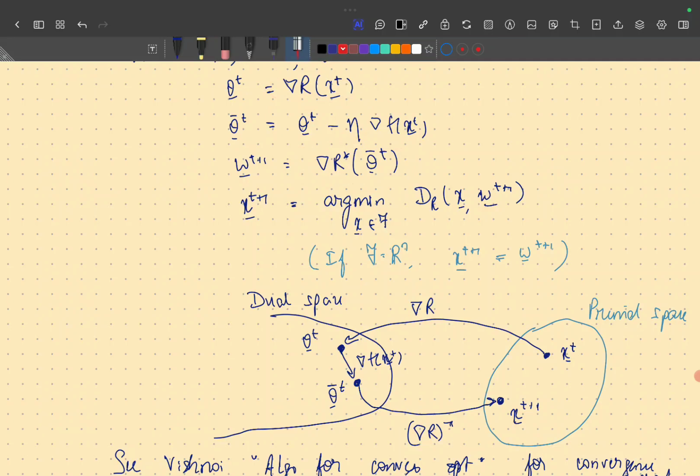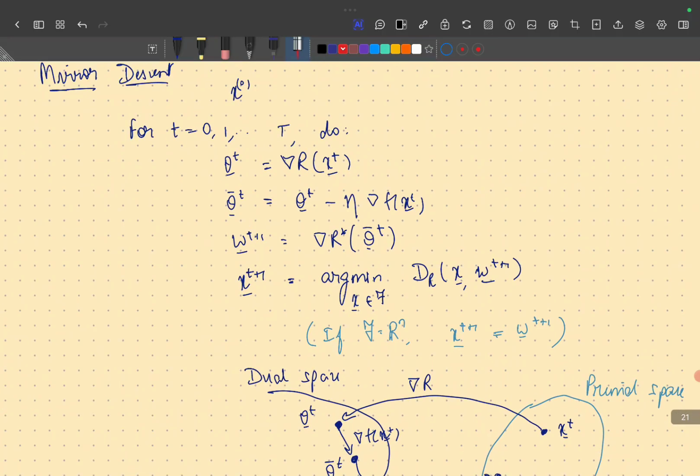But if I choose r, or D_r, to be the squared L2 distance, then I just end up with standard gradient descent. That's the only thing to keep in mind. This is just a generalization of the standard vanilla gradient descent.